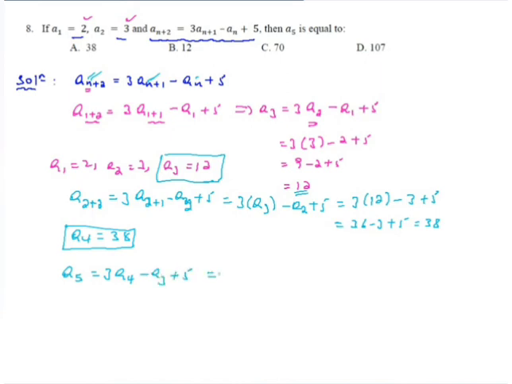So 3 times 38 minus 12 plus 5. That is 114 minus 12 plus 5, so 107. So in this sequence the fifth term is 107.